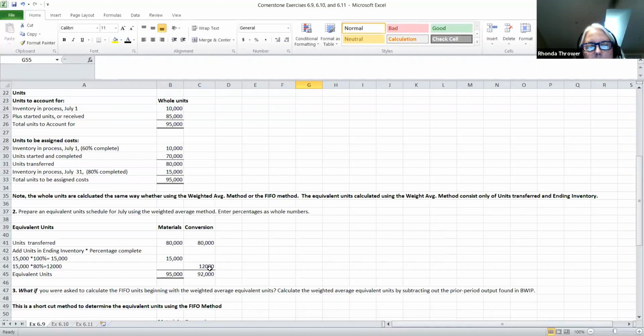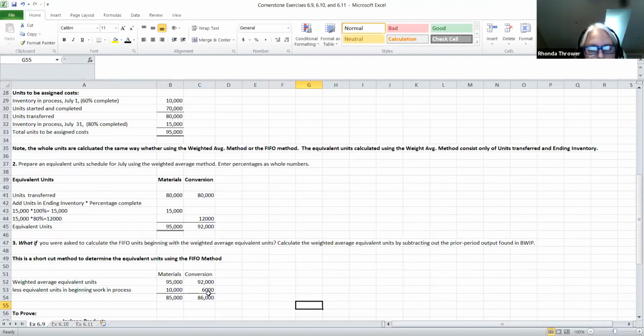And that's how I get 6,000 here. I was pointing to the wrong thing there. So this 6,000 comes from your beginning inventory units that were 60% complete with respect to conversion.